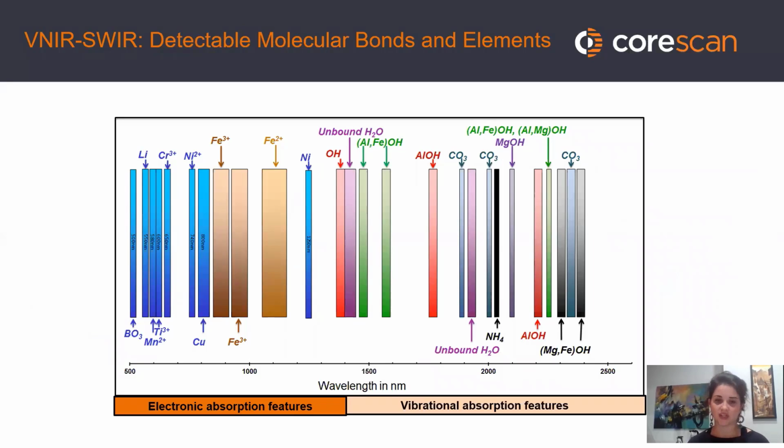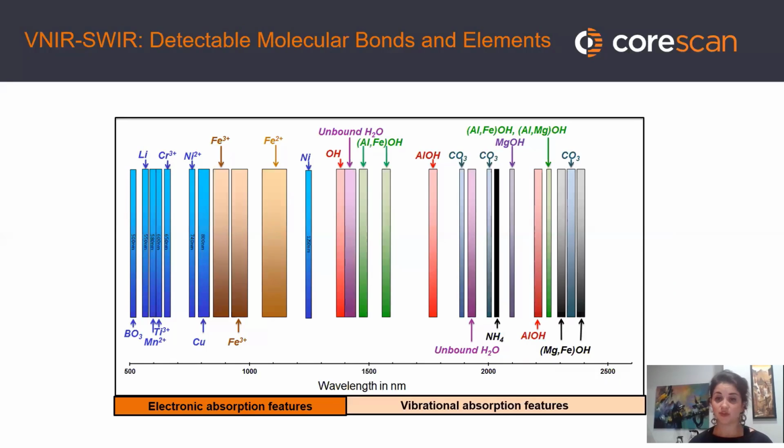When you're looking in the VNIR, you're looking at electronic absorption features, and that goes to just about 1400 nanometers. Then it turns over more to the vibrational absorption features. All this is to say that minerals have chemical bonds in them, and these bonds interact in different ways.